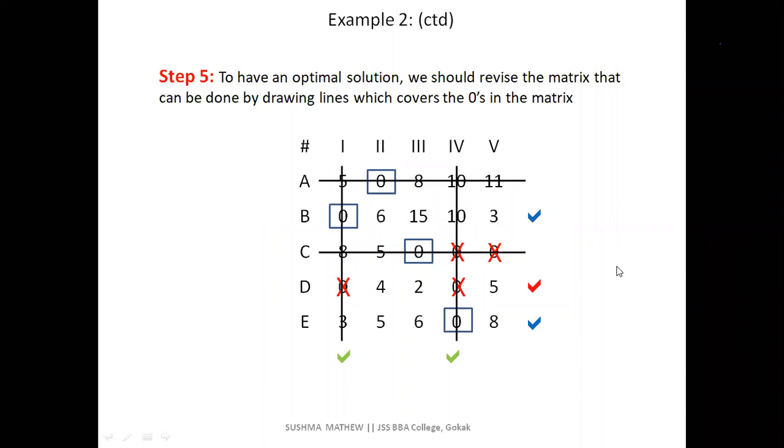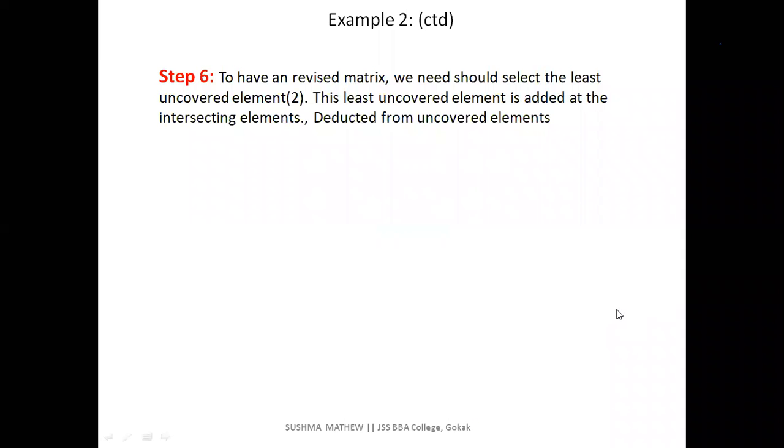Now, what is it that I have to do with these uncovered elements? In this, I have to identify a minimum element. Which is the minimum uncovered element here? Anybody can answer? 2. 2 is the least uncovered element, right?